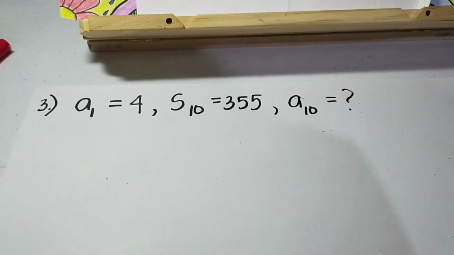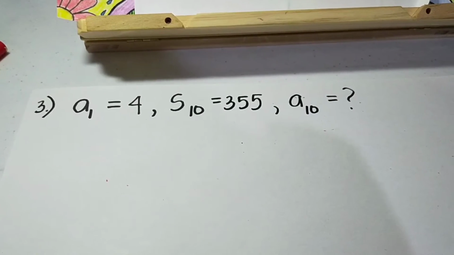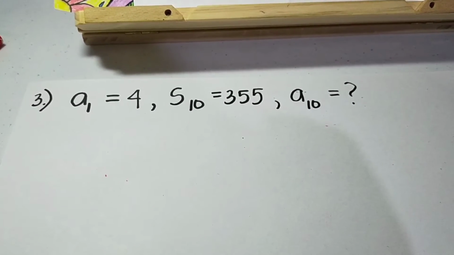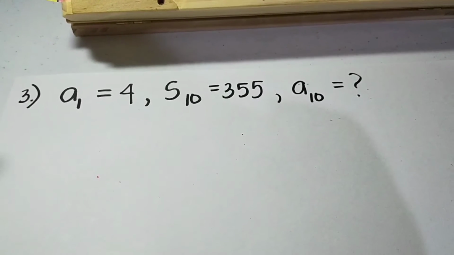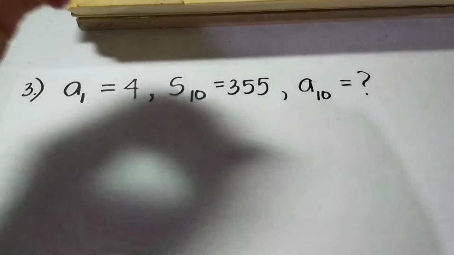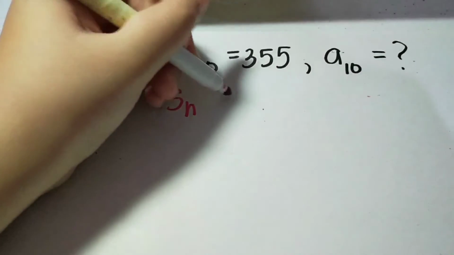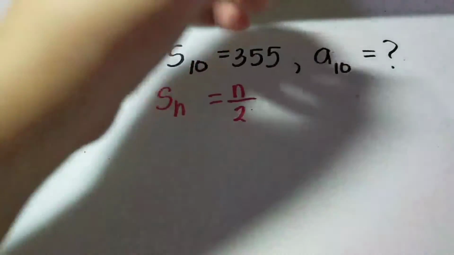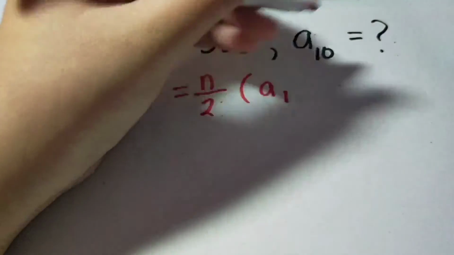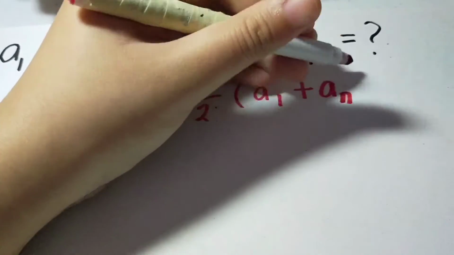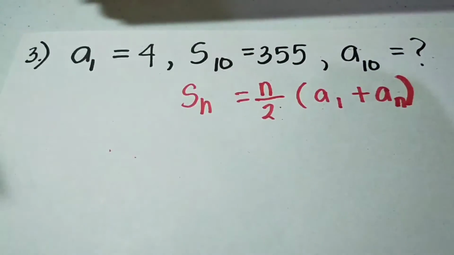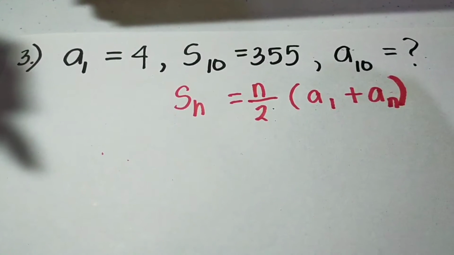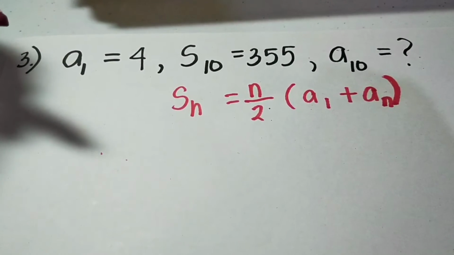So yung third example natin ay a sub 1 is equals to 4, a sub 10 is equals to 355, and our missing is the a sub 10. Yung gagamitin nating formula ay s sub n is equals to n over 2 times the quantity of a sub 1 plus a sub n. Since yung missing natin ay a sub 10, hindi natin magagamit yung second formula dahil wala tayong common difference.